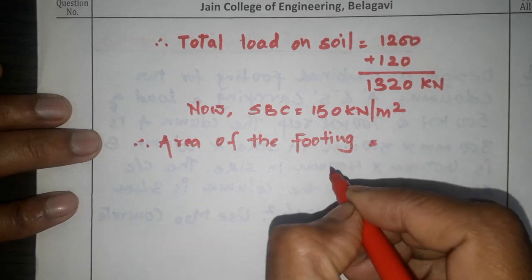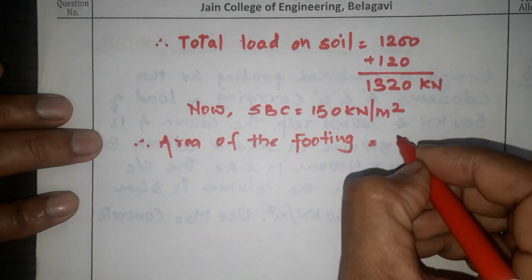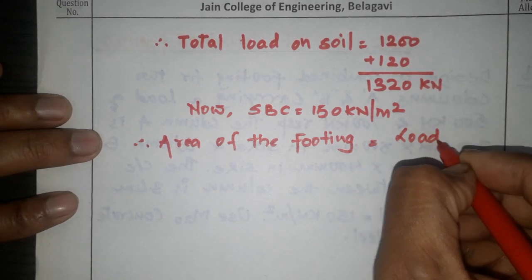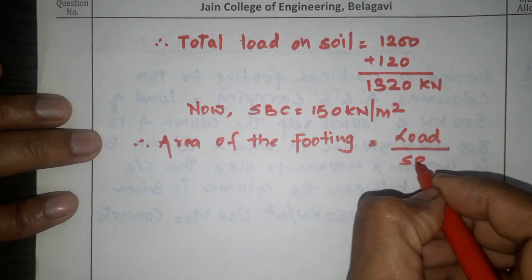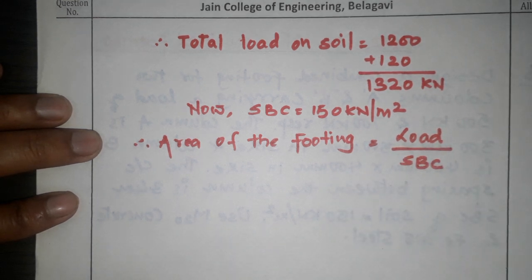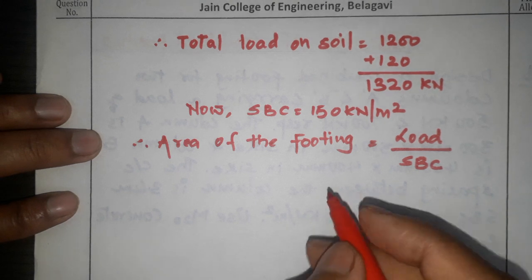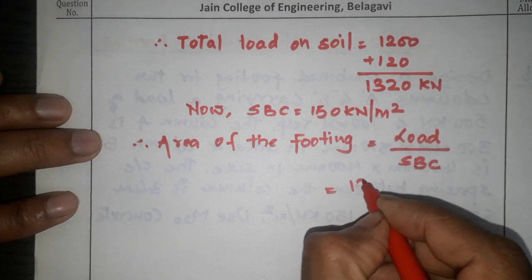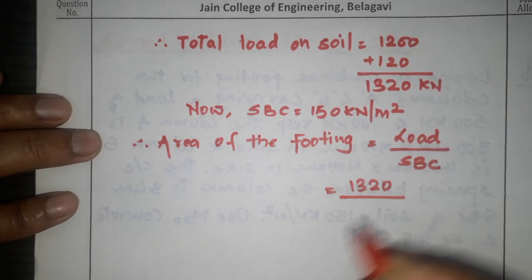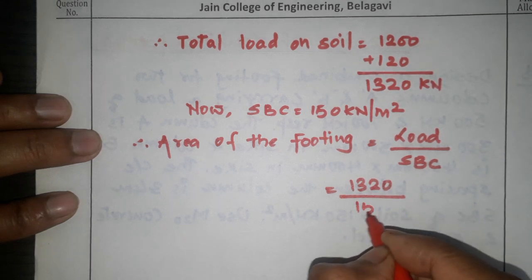What is the area of the footing? It is load divided by SBC. So the load is given as 1320 divided by SBC, which is 150.